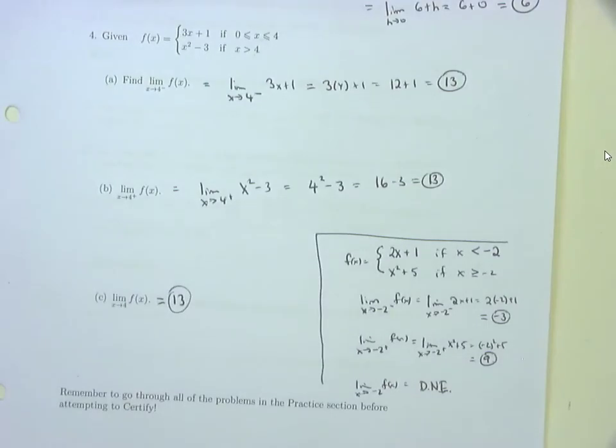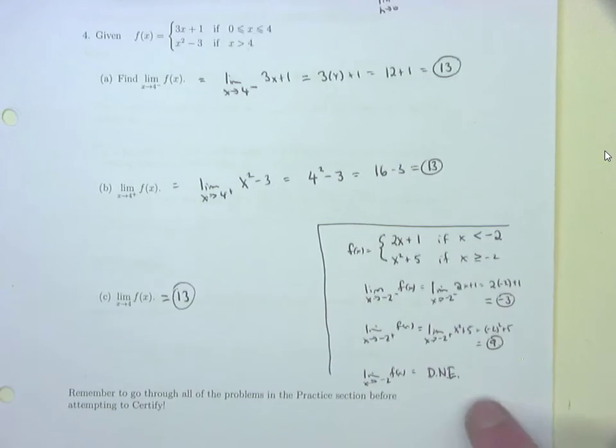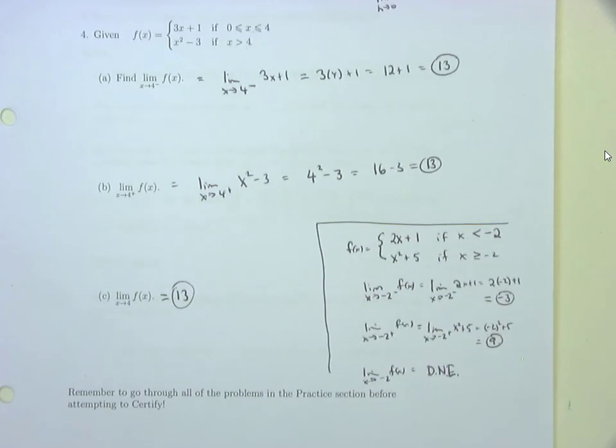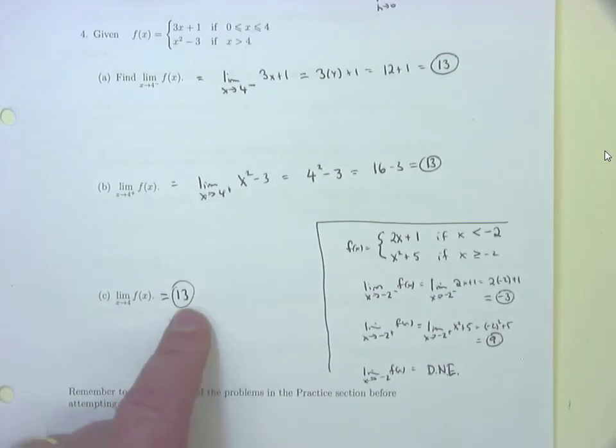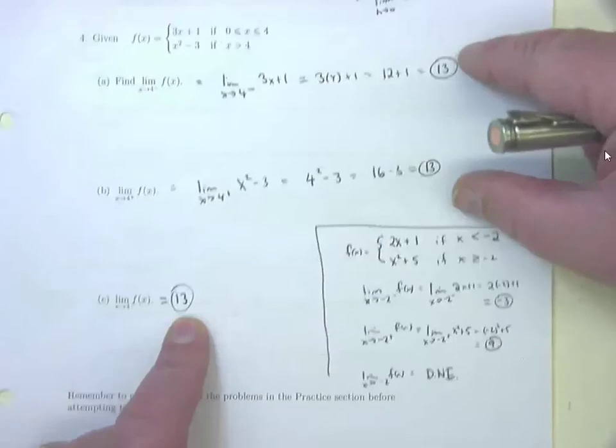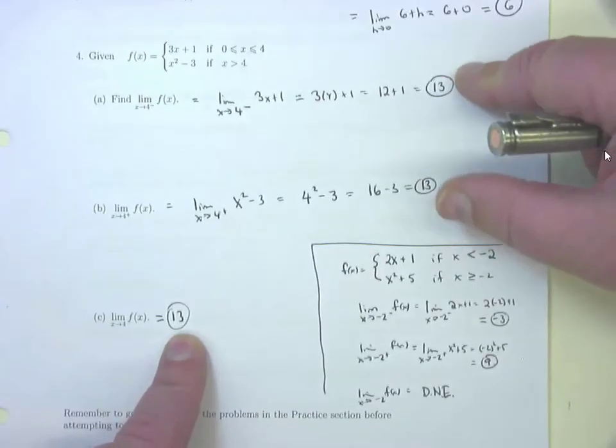Does that make sense? Yeah. With C, do we need to just write routine in that exam? Yep. Or do we need to prove mathematically? No, well, the piecewise function, you're proving it mathematically by doing the one side left, one side right.